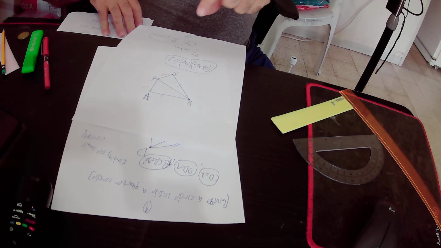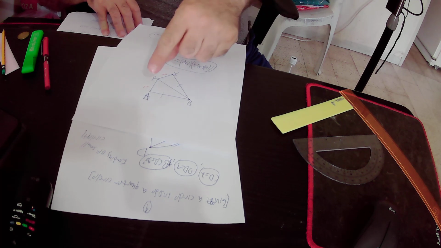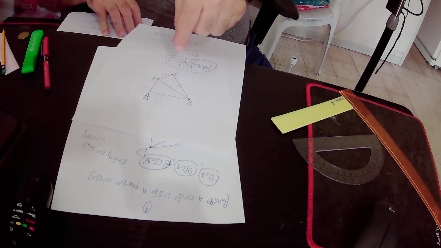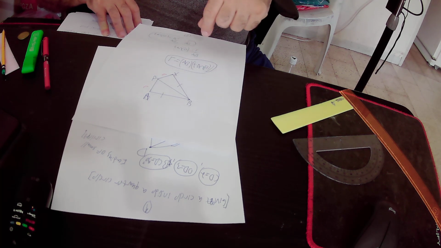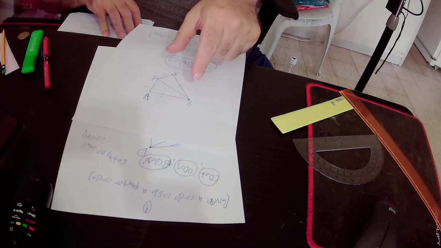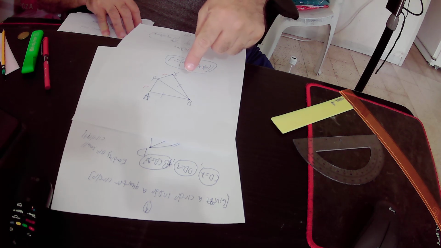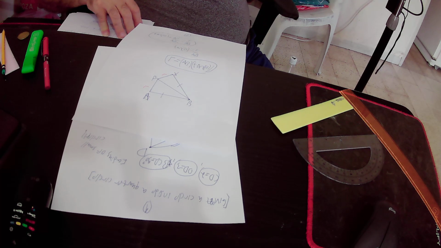Actually, we know that AP equals PX. Both of those are the radiuses of the small circle, so they are equal to each other. And PB equals PB, it is a common side, it belongs to triangle PBX and also to triangle PBA.